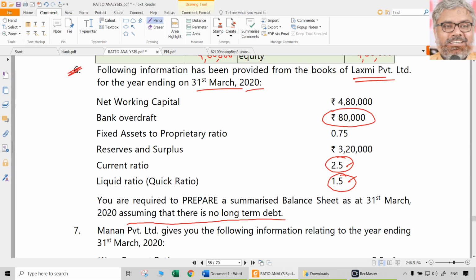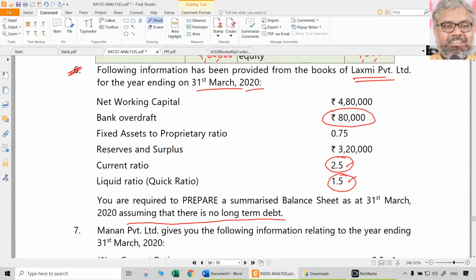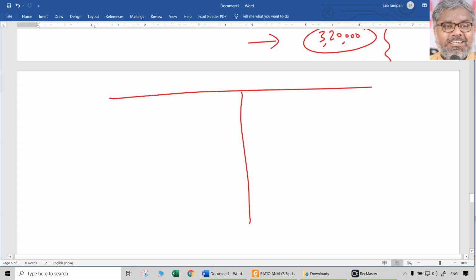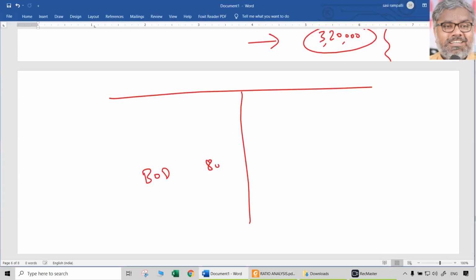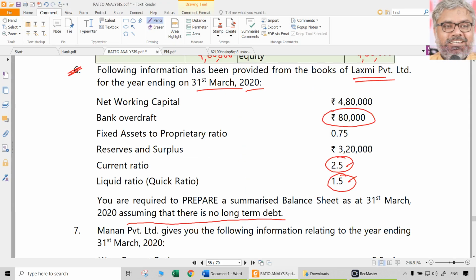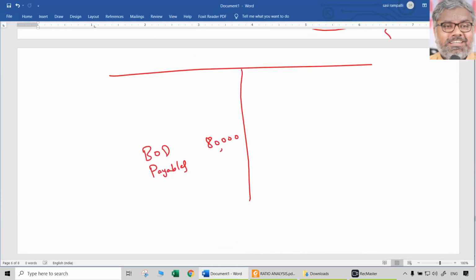So now what we know: on the liabilities side, bank overdraft, which is 80,000, and payables, or you can call them other current liabilities, no problem. That was calculated to be 2,40,000.